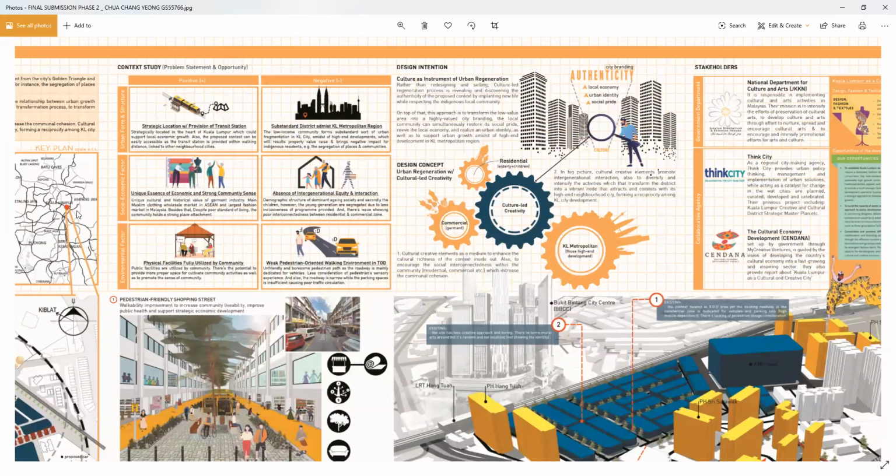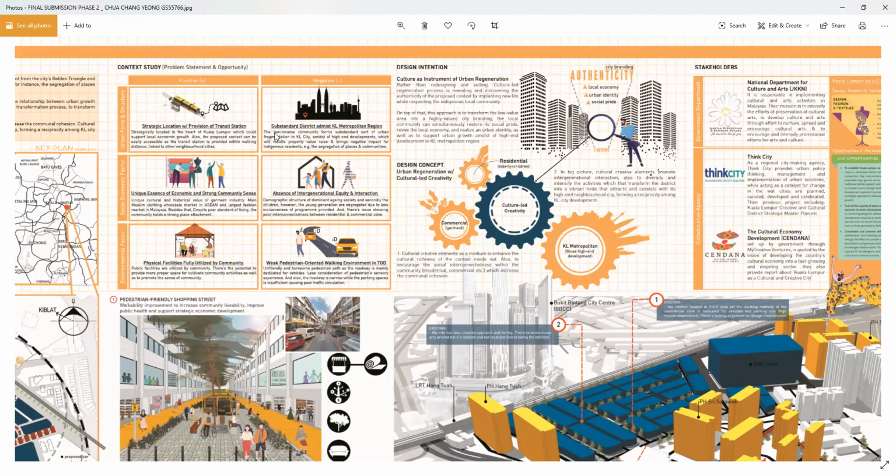I categorize this part into 3 categories, which are the urban form of structures, the socio-economic factors, and the environmental factors. In terms of urban form and structures, the negative part is that our site is actually a substandard district amidst the KL metropolitan region.